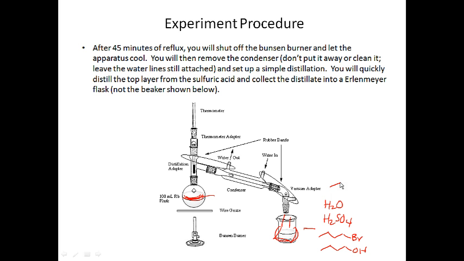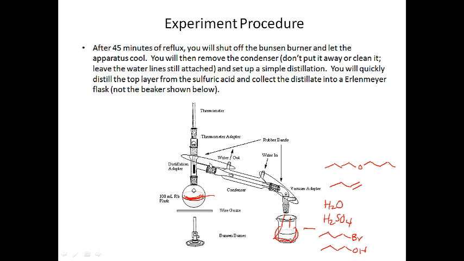We could end up with our 1-butene side product, and we could also end up with dibutyl ether also as a side product. So all of these components could be in my reaction mixture.